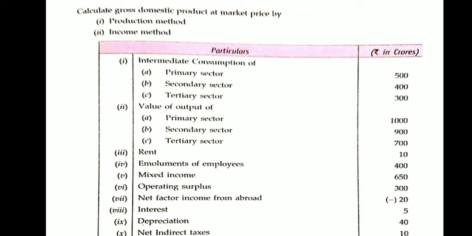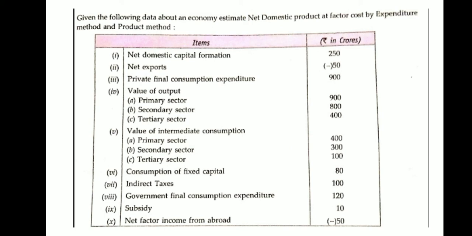Do not be in a hurry to put down the items. First write down the formula and then substitute the values. Otherwise you are going to miss something and your answer will be wrong. With the help of production method and income method, with both methods you need to calculate GDP MP. Now over here, given the following data, estimate net domestic product at factor cost, that is NDPFC.